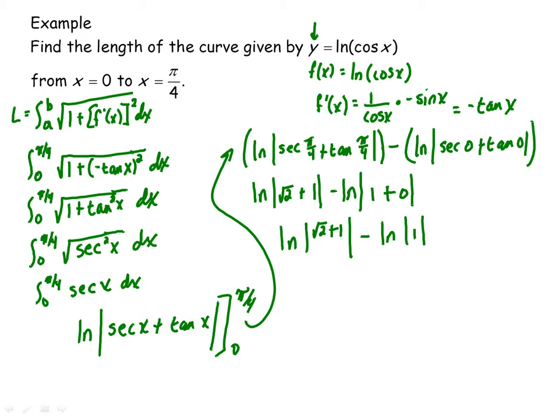Well, you can plug this straight in your calculator. I mean, there is some more algebra that we can do here, but you can plug it straight in your calculator. If you do natural log, and my calculator gives me a parenthesis button already, just do the natural log, radical 2 plus 1, make sure you close that parenthesis before you move on. Minus, and then you can do natural log of 1 also, and put that in your calculator.